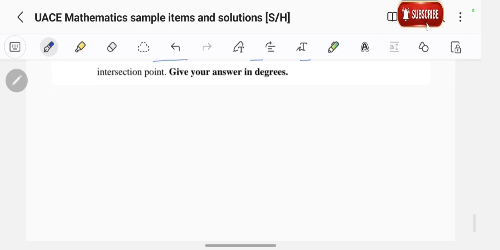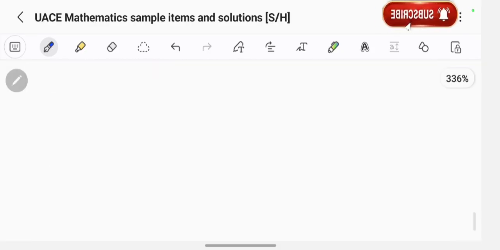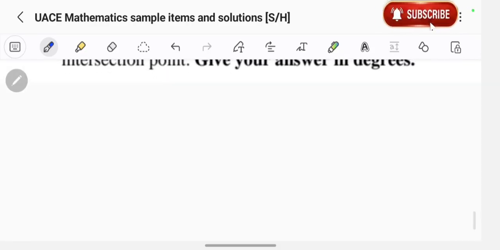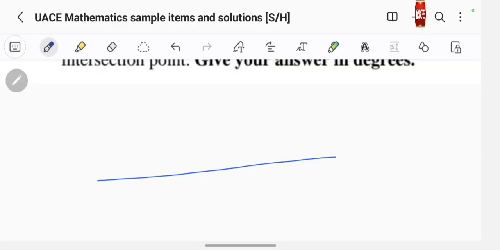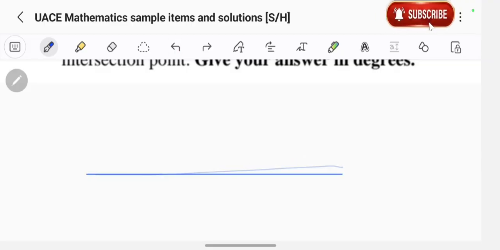We have road 1, which is of this kind. We shall say this is road 1. Then this road 1 is intersecting road 2.